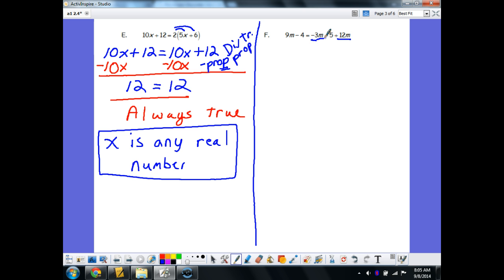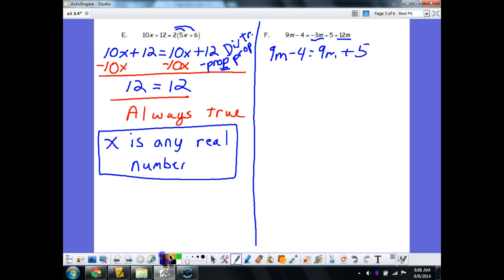You take negative 3m plus 12m. A common mistake students make is that they want to add 3m, but you only change that sign, you only do the opposite, when you're moving something across the equal sign, which we are not doing here. So once we do that, we have 9m minus 4 is equal to, when we combine those two, negative 3m plus 12m is also 9m plus 5.